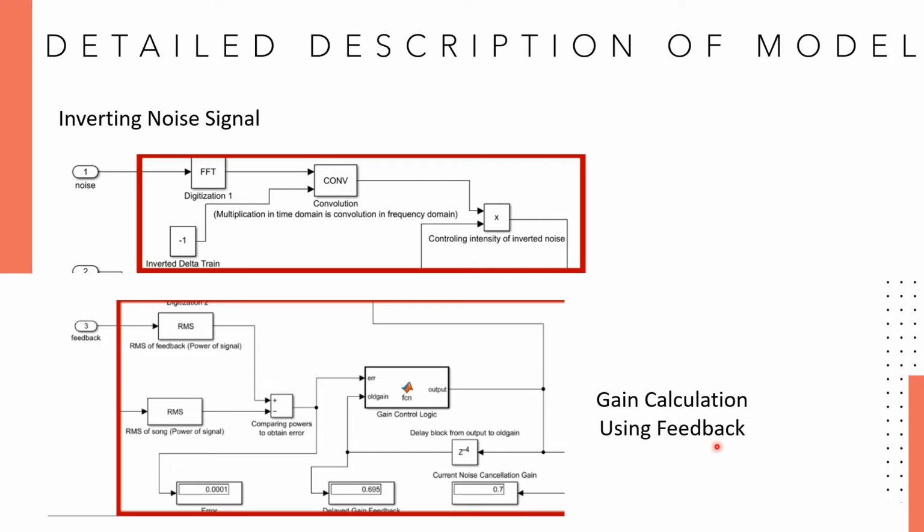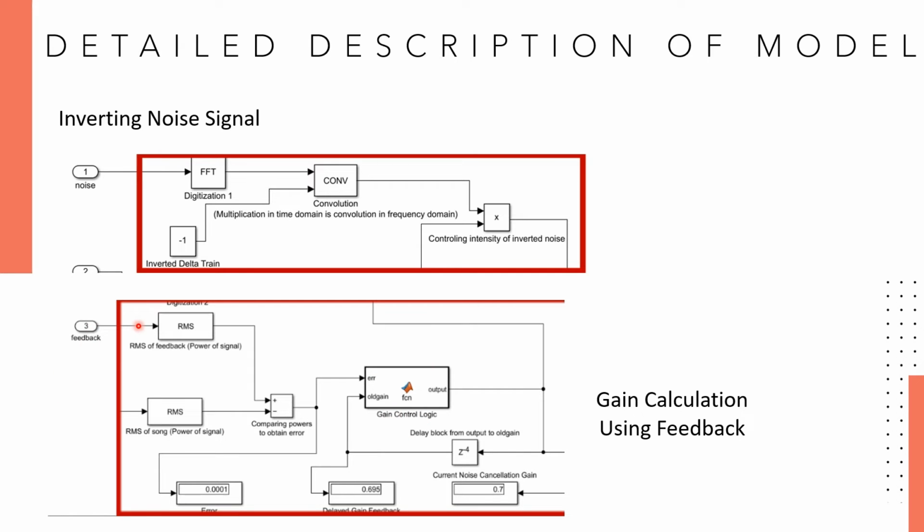In the below block, you can see this is for the gain calculation using feedback. The feedback which we obtain from the microphone, which is beside the speaker, is fed into the digital signal processor, and this gain control logic unit has some algorithm running in it.